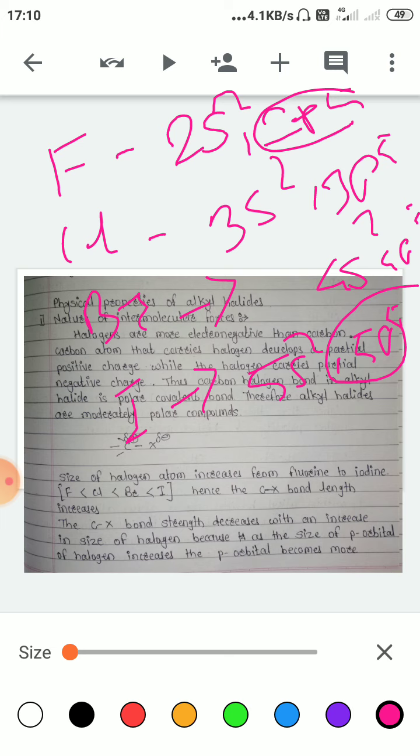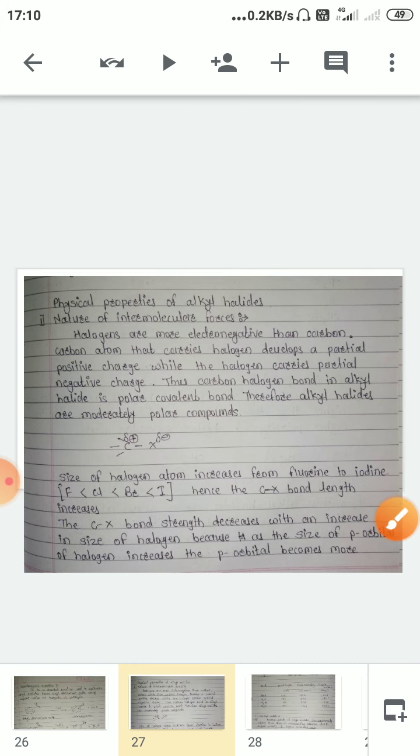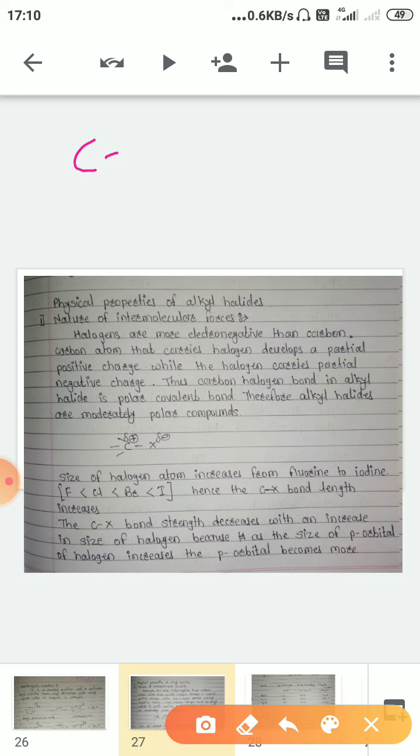Now we compare this outermost orbital of halogen with carbon. The electronic configuration of carbon is 1s2 2s2 2p2, that means it is in the 2p orbital. Now if we consider the sizes of the carbon atom and halogen atom: for fluorine, there is overlap between 2p and 2p orbitals.